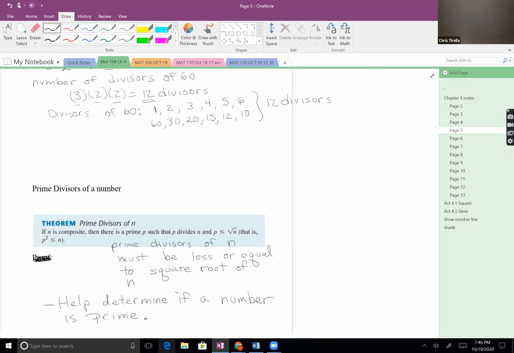But before we do that, it would be helpful if we could make a list of, let's say, all of the prime numbers less than 100. And there's a useful way of making that list.